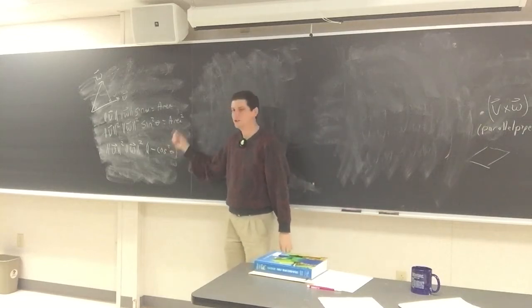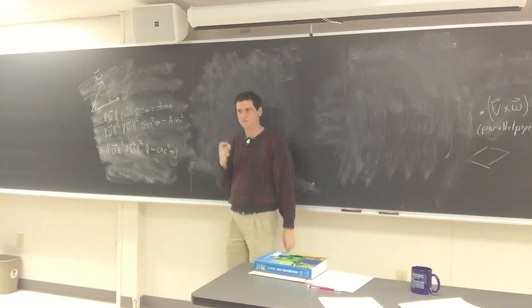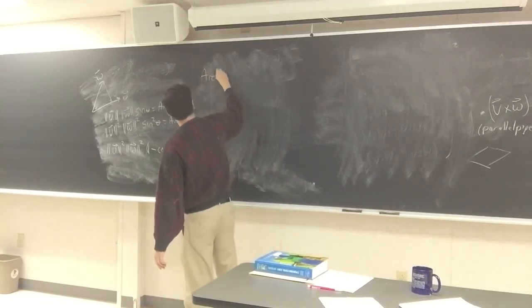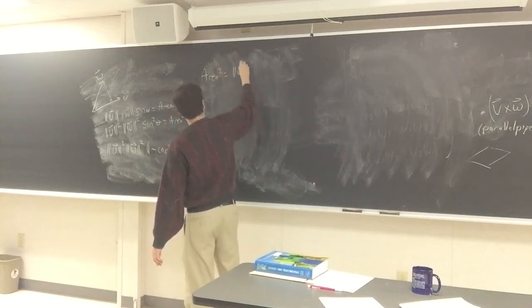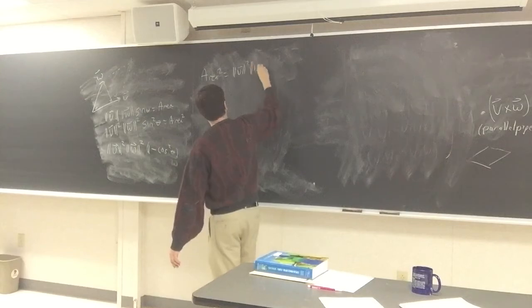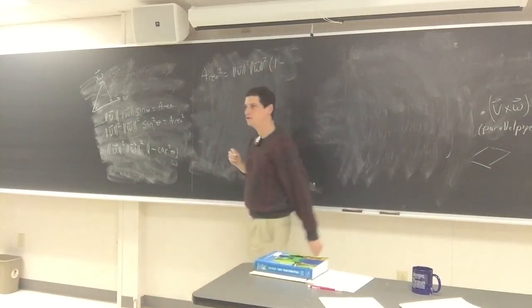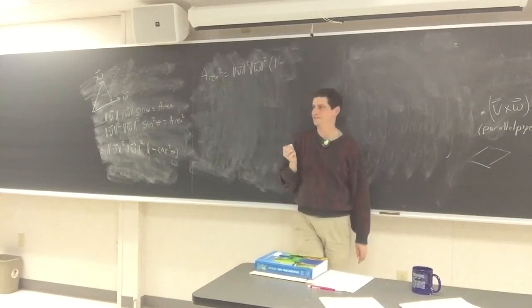What can we do for cosine squared? So area squared is length of v squared, length of w squared. And how should I substitute for cosine? Using the dot product formula. Yeah, so what would that be?